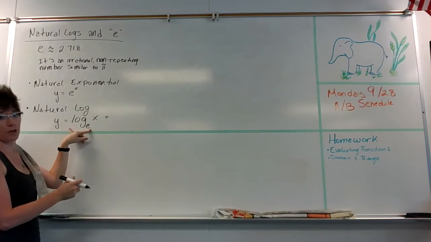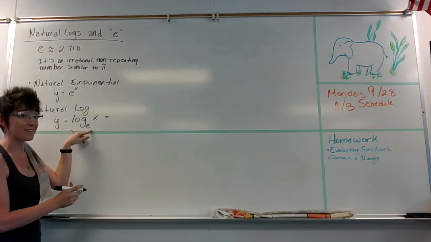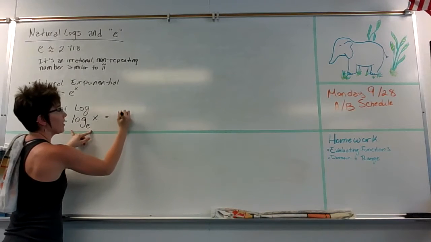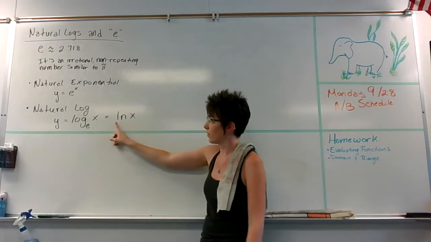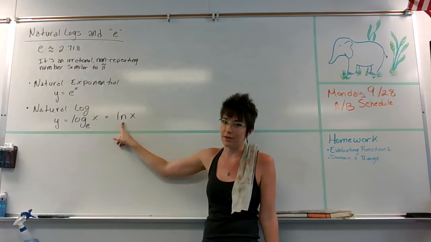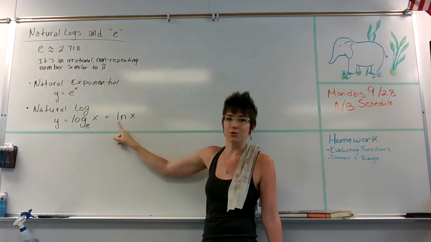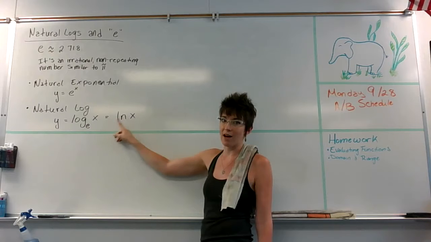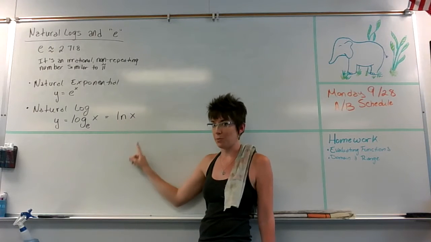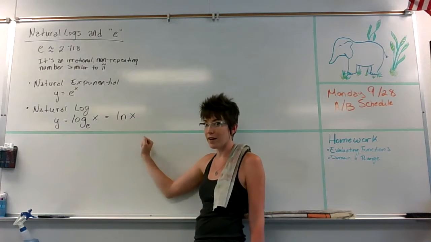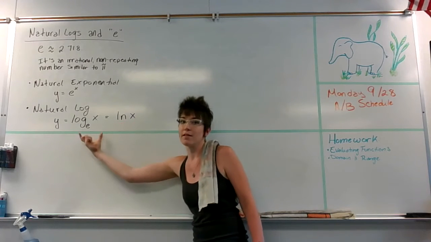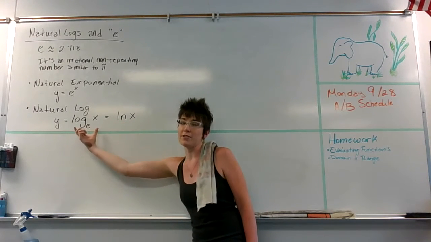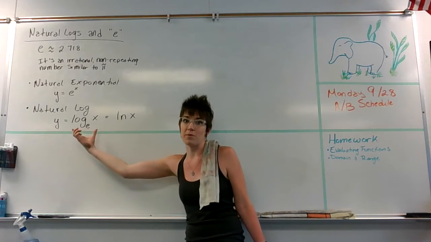You're never ever going to write log base e like this. Instead, you'll write ln of x. Notice here I'm using the letters ln, for natural log. Log with a natural base e is ln of x. And this is the symbol used to represent the idea that we have a logarithm with a base of e.